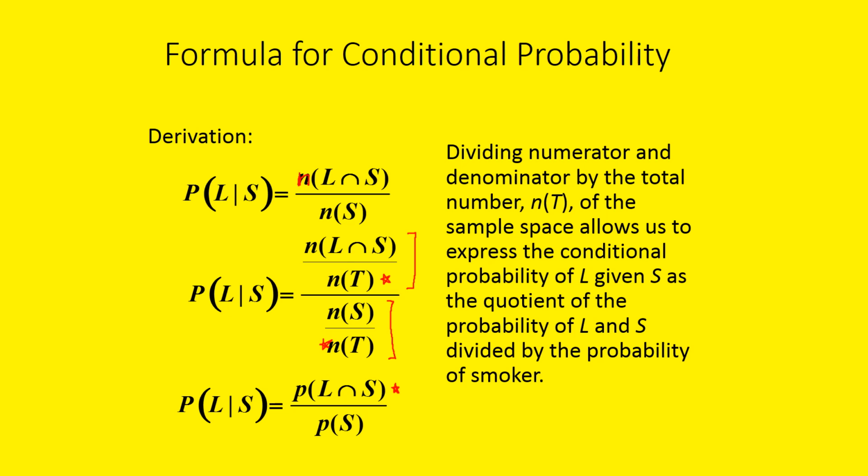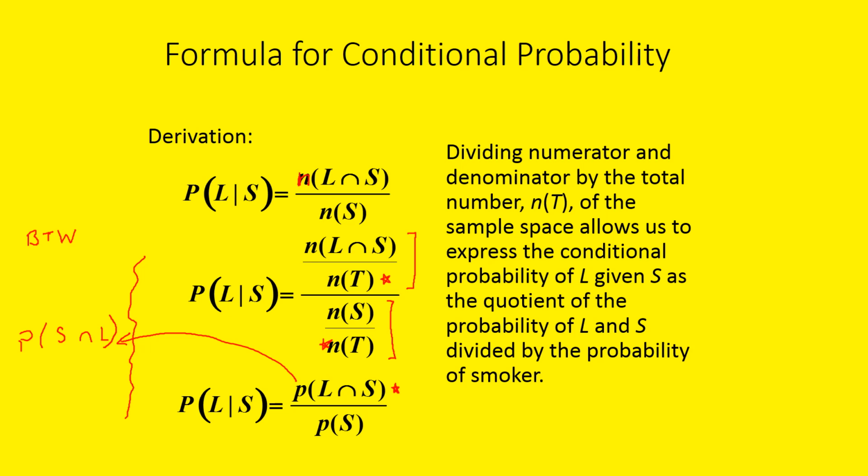So, by the way, out here in the margin, I'll make a comment that this probability here is the same thing as the probability of smoker and lung cancer person.